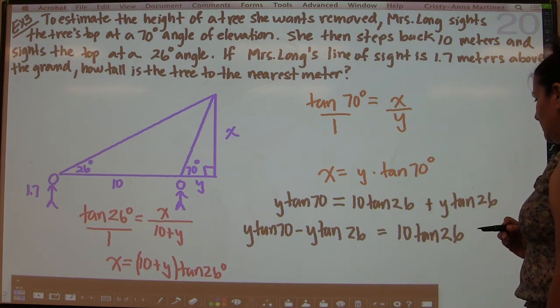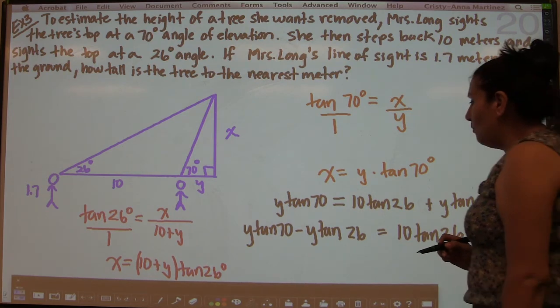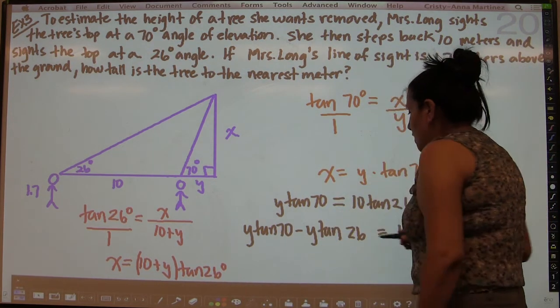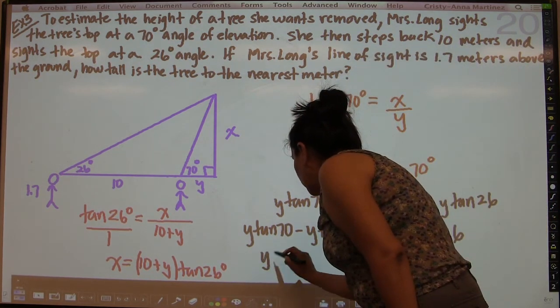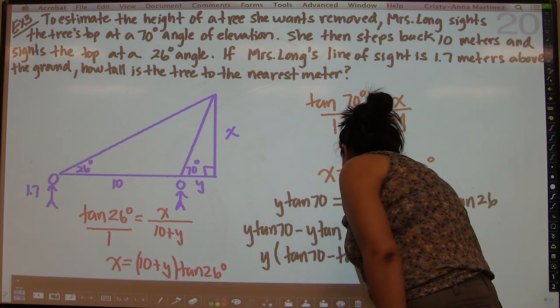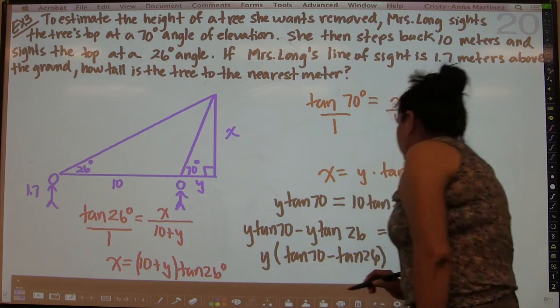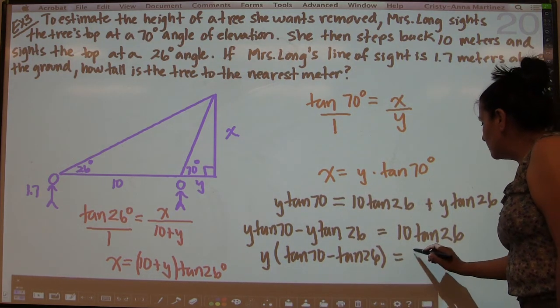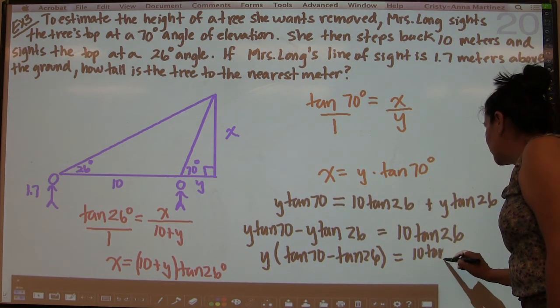Okay, and now because they both have a y in them, we're going to factor out the y, and you're going to get tangent 70 minus tangent 26, okay, equals 10 tangent 26.